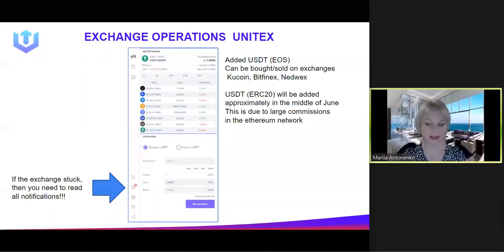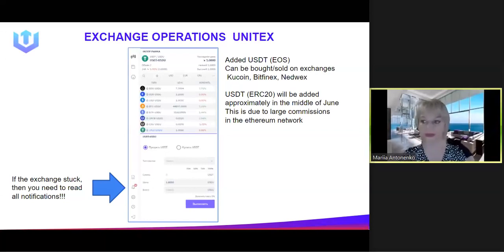So as for the USDT token, yes, I specifically made a screenshot where we opened the pair USDT, buy USDT, sell USDT. So this token was added on the EOS blockchain. As you all know, there is USDT Tether on the Ethereum blockchain, there is an Omni wallet on the Bitcoin blockchain, and there is USDT on the Tron blockchain.